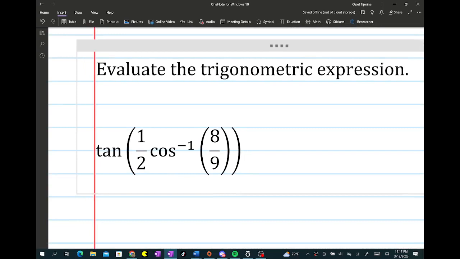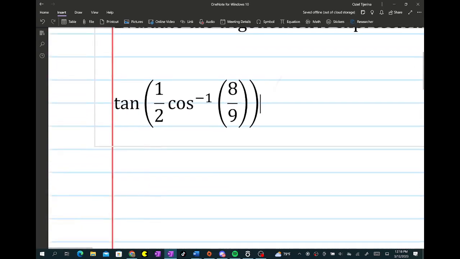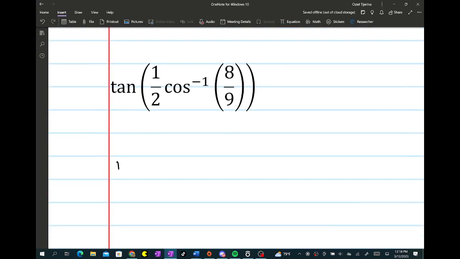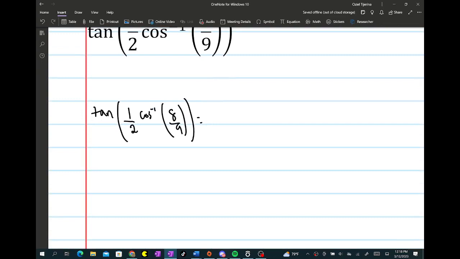The thing that I did not notice, and we're just going to rewrite it here, is tan of 1/2 cosine inverse of 8 over 9, which is equal to tan of cosine inverse of 8 over 9 all over 2.